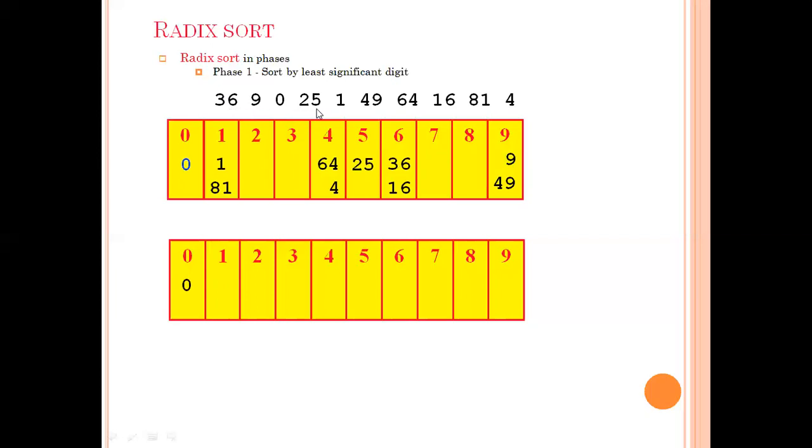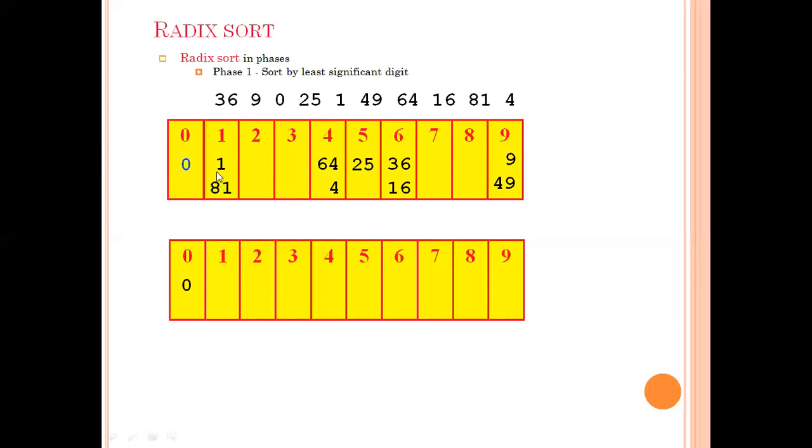Here 5, so 5, 25 will come in here. 49, we just see 9, the least significant digit, so it will come here. 64, 4, so it will come here. 166, so it will come here. 81, 1 is the least significant digit, so it will come here, and 4 here.